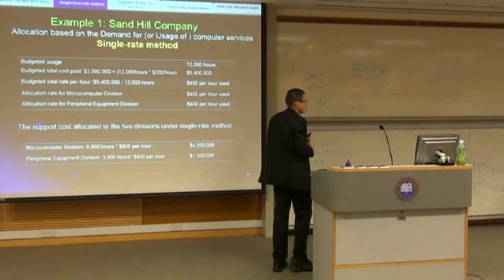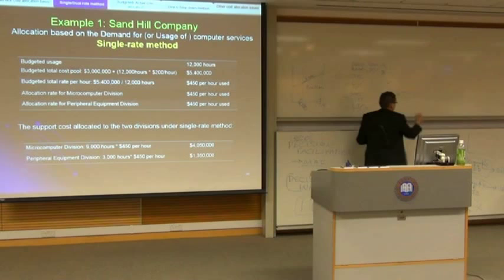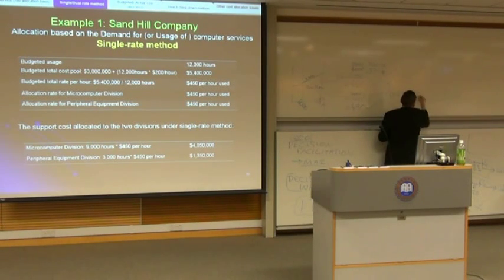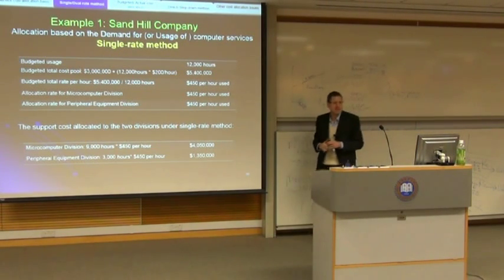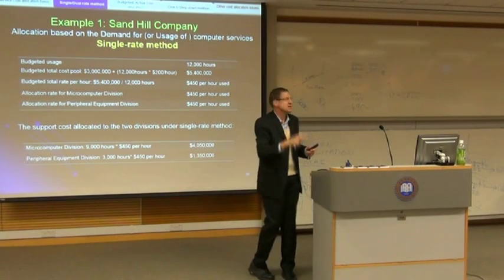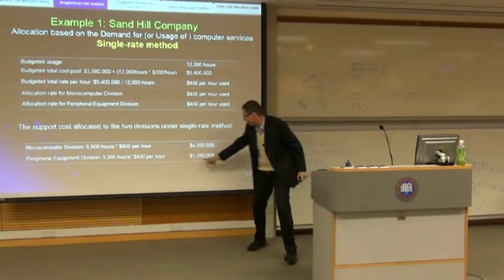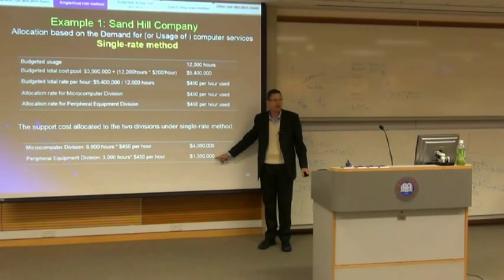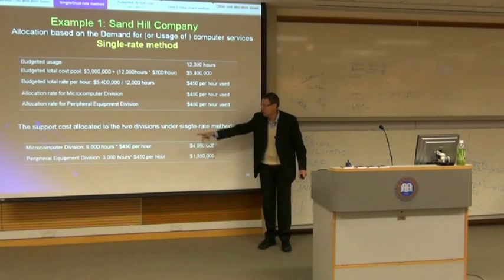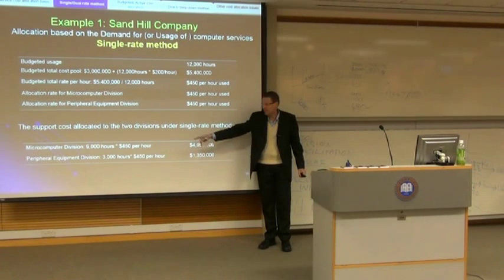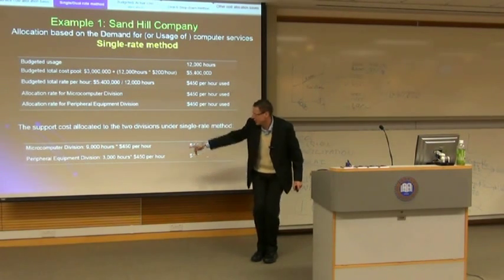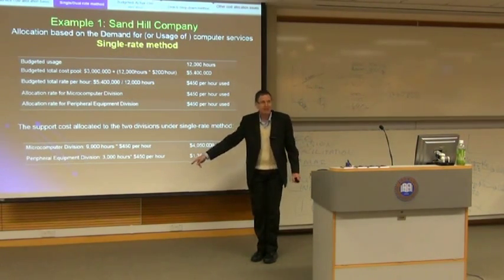Yes or no? Okay, look, just calm down, all right? There's just little numbers here. So which is a bigger number, 1,470,000 or 1,350,000? If you're the peripheral equipment division, which do you prefer?